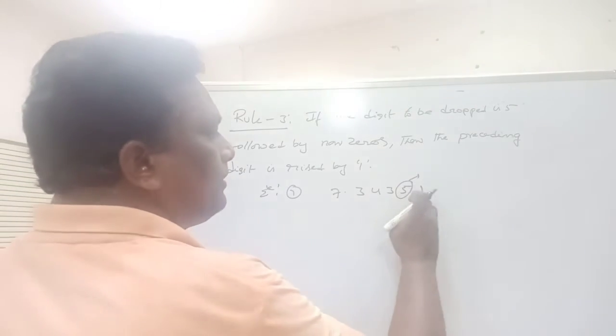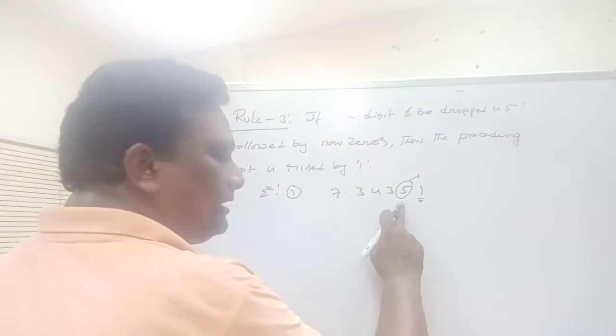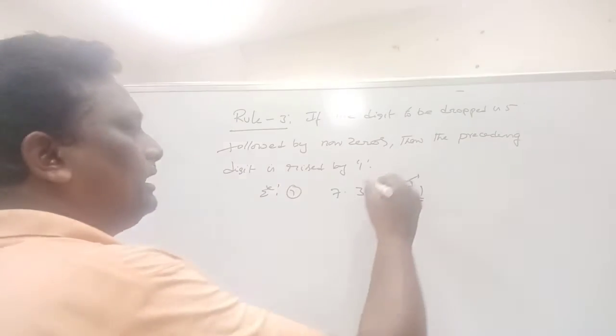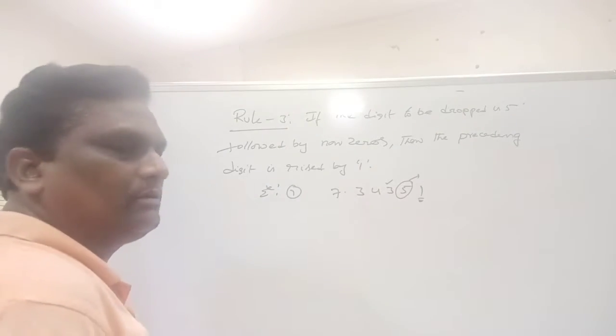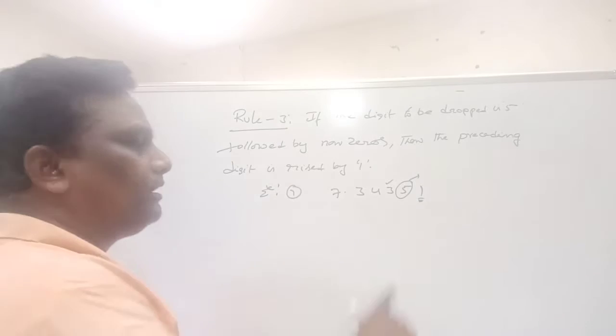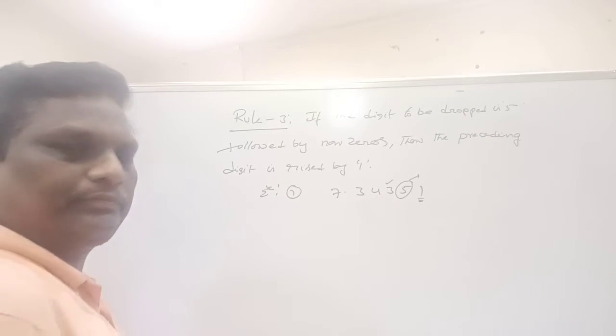So, if the digit to be dropped is 5 followed by non-zeros, then the preceding digit is raised by 1. This is the preceding digit.